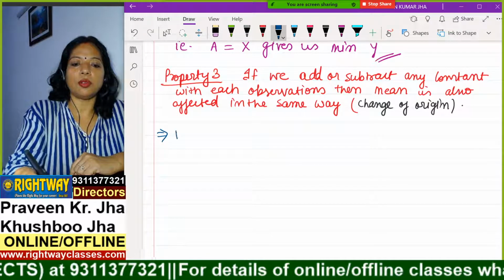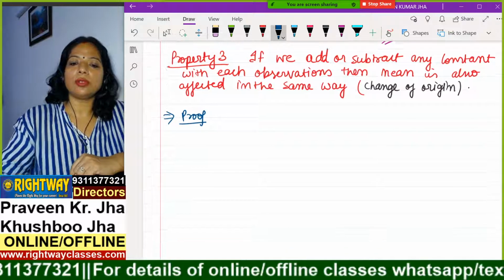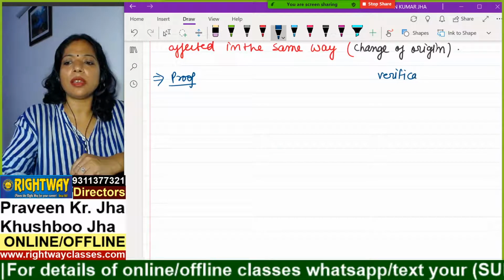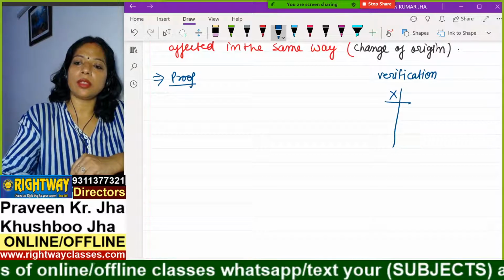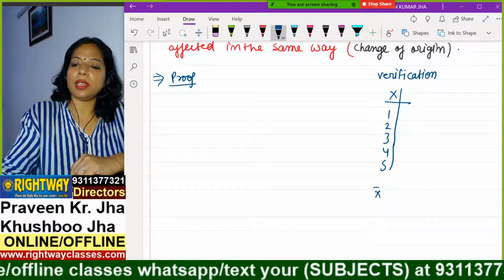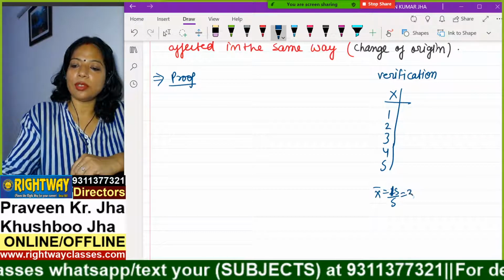So see here, proof. Verification is easy. We can understand the meaning of this by an easy verification. Suppose x is 1, 2, 3, 4, 5. We know that its mean will be 15 by 5, which is 3.